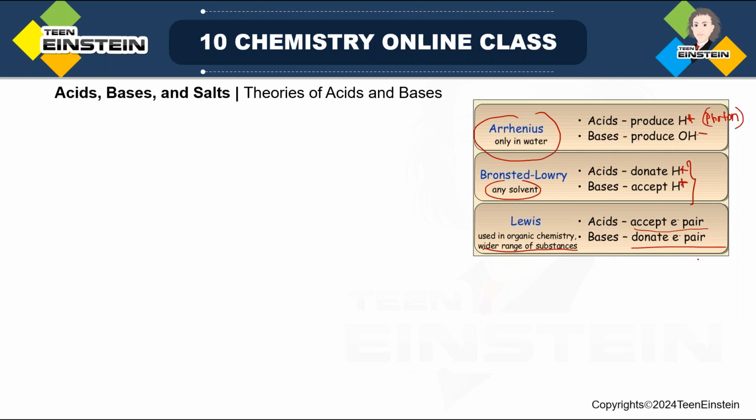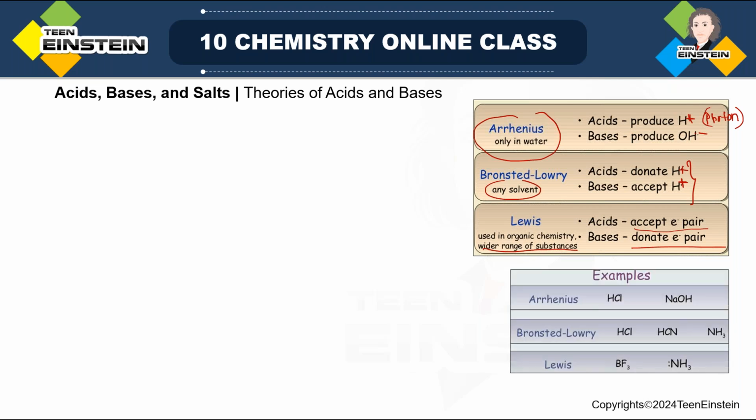This condition just has to be fulfilled: if any compound is accepting electron pair, and there is nothing to do with H plus or HO minus, it will be called an acid. On the contrary, a base should donate electron pair. So these two are also, just like Bronsted theory, reverse to each other, right?